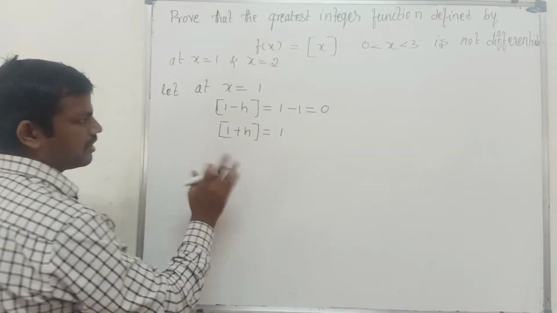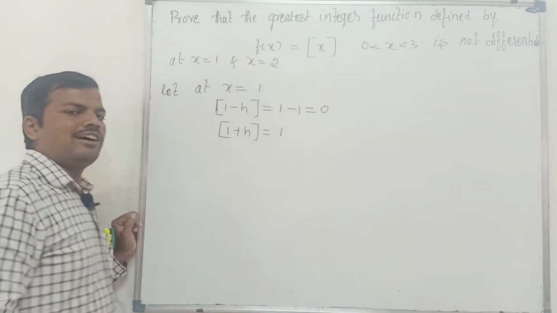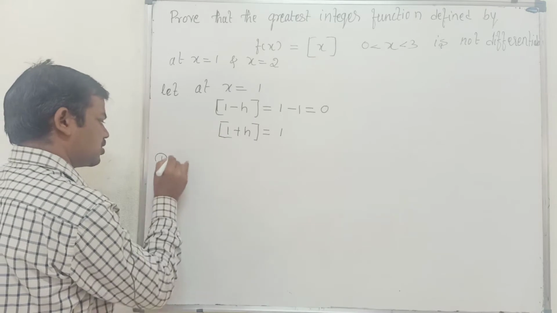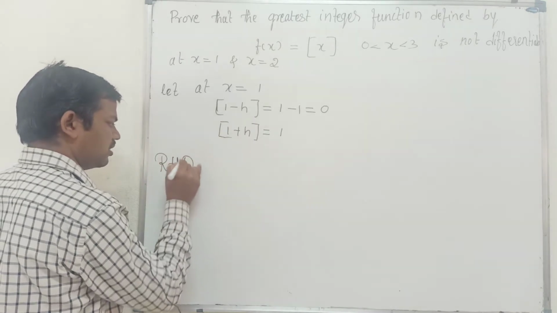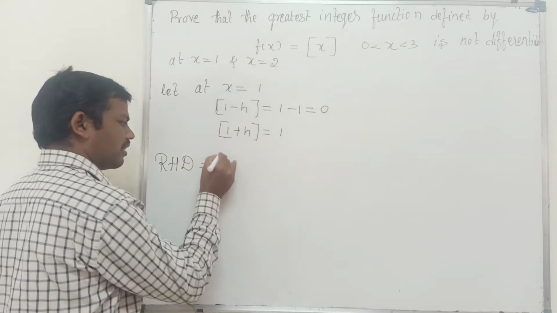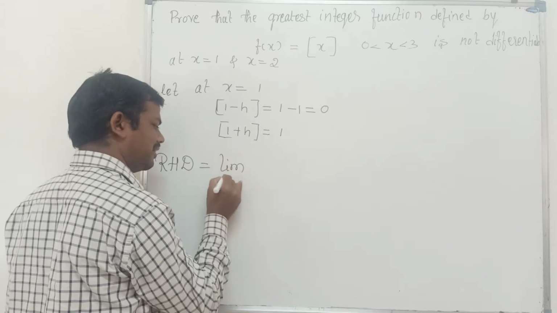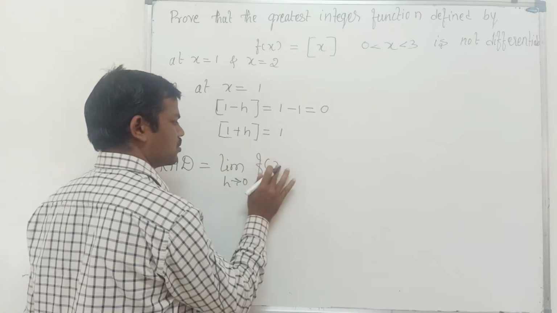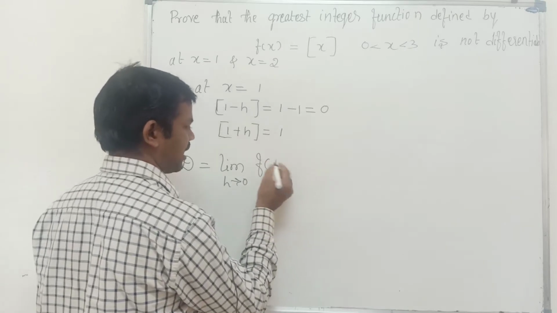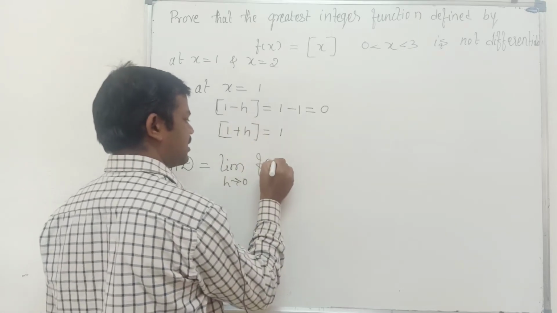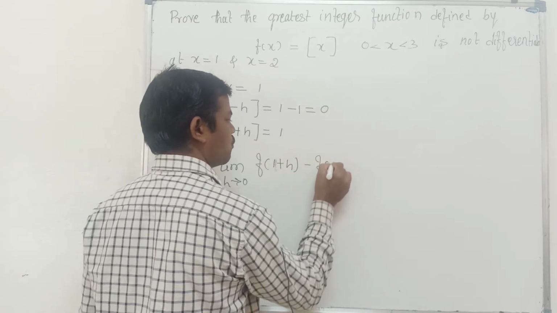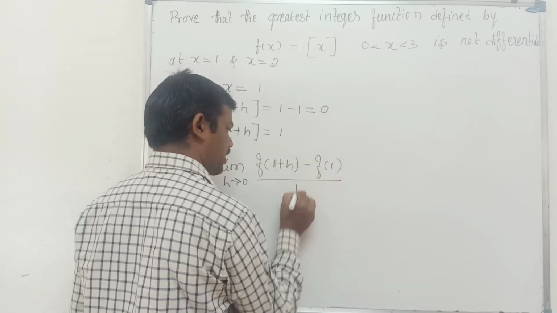So let me write its left hand derivative and right hand derivative. RHD is the right hand derivative: limit as h tends to 0 of f of x plus h, so here f of 1 plus h minus f of 1, divided by h.